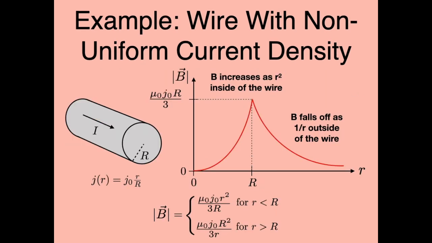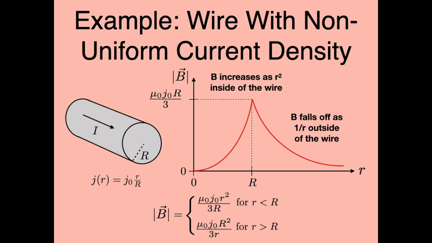Okay, so the next thing we'll do is just try to see what this looks like when we plot the magnetic field as a function of radius, as a function of distance from the center. And so on the vertical axis, we have the strength of the magnetic field. On the horizontal axis, we have the radius or distance from the center of the wire. So as we saw, the B field increases when we're inside of the wire according to r squared. So what we're going to have, at least for the first part of this graph, is this concave up parabola.